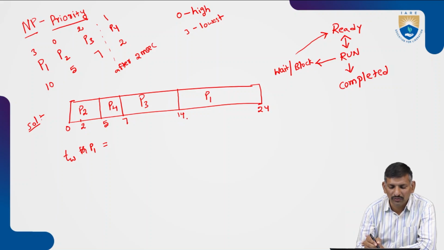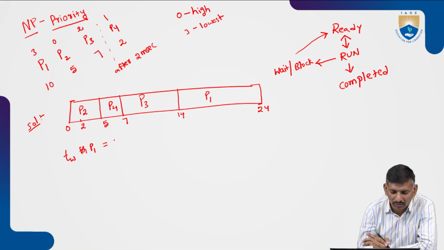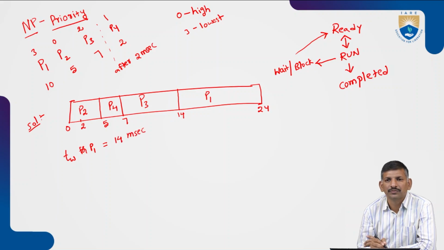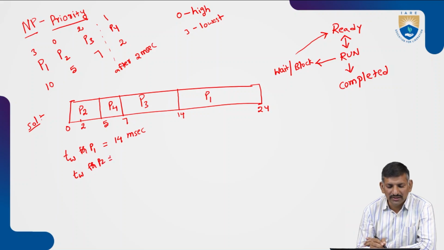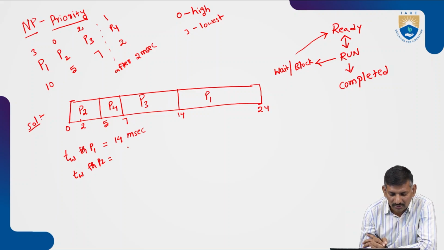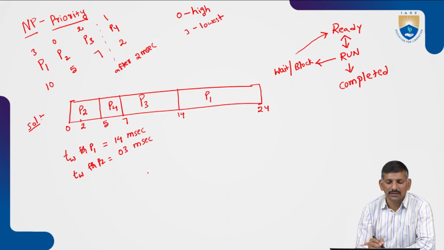So, process P1 waits in the ready state up to 14 milliseconds. Similarly, waiting time for process P2. P2 entered into the ready state at the 2nd millisecond and is scheduled for execution at the 5th millisecond. So, it waits 3 milliseconds in the ready state.